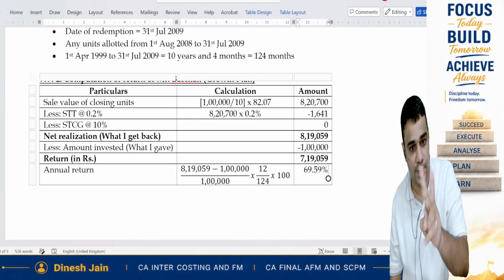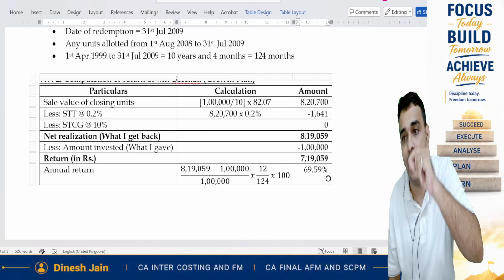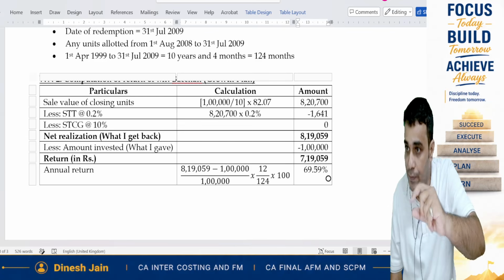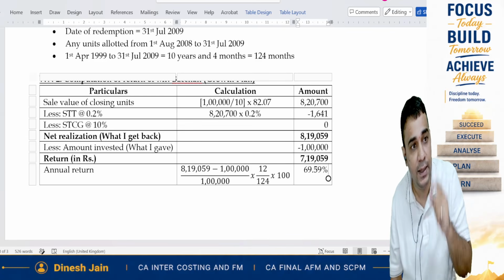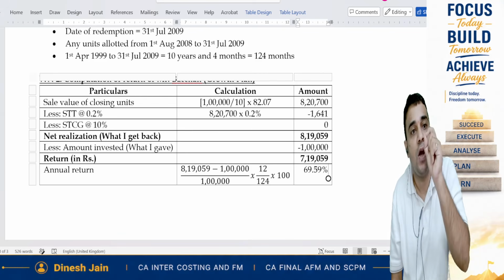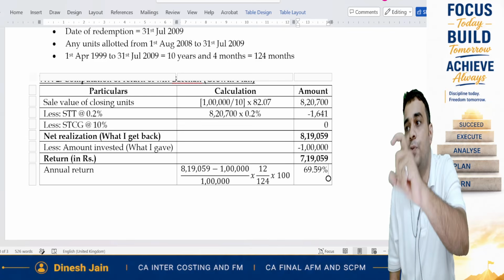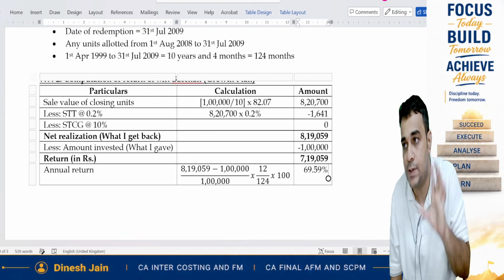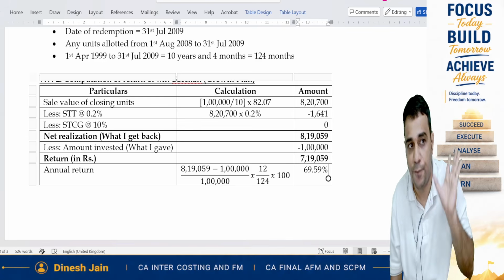This is the second concept. When I do my return computation, I generally multiply with 12 by M. But in a few places we will do 365 by D. When do we do 365 by D? Whenever the question says 1 year consists of this time period, then you have to do 365 by number of days.